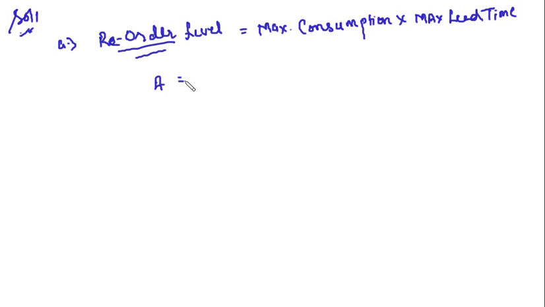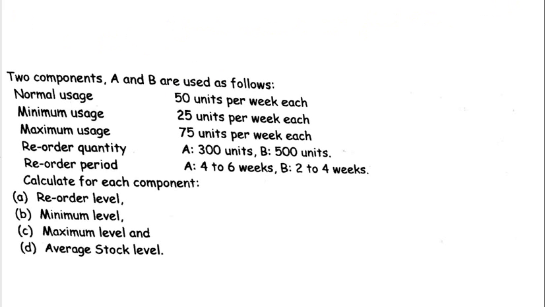For A, tell me what is the maximum consumption? Maximum usage is 75 units per week. And what is the maximum lead time for A? 6 weeks.